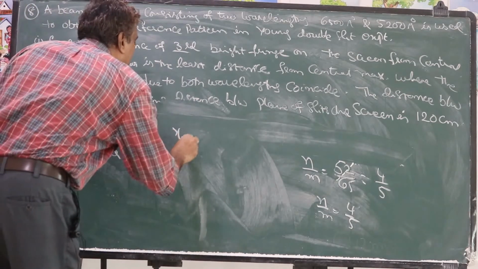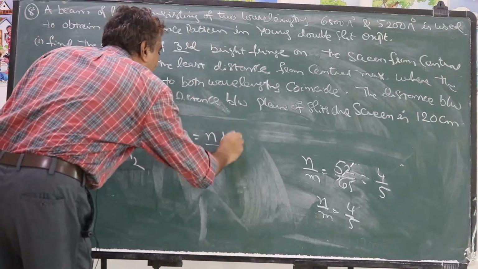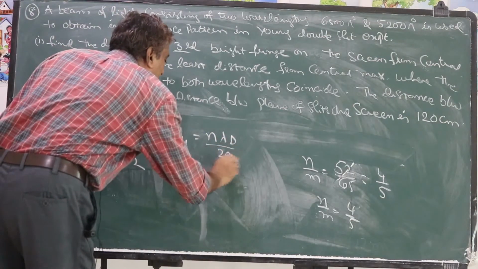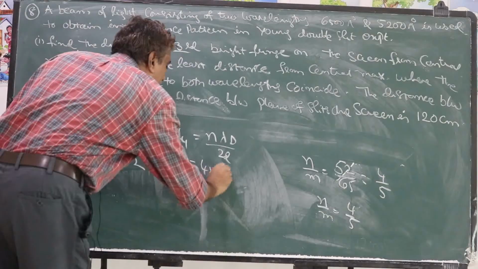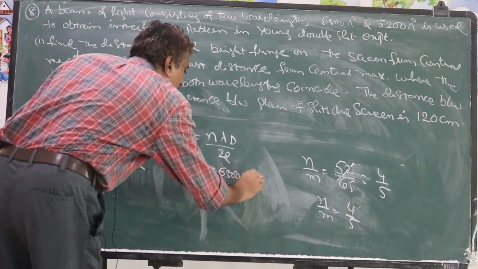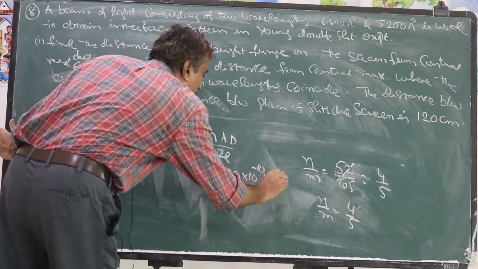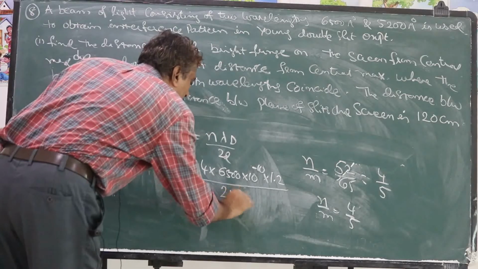That is x4 is equal to n lambda D by 2d, that is 4 into 6500 into 10 power minus 10 into 1.2 by 2 into 10 power minus 3.